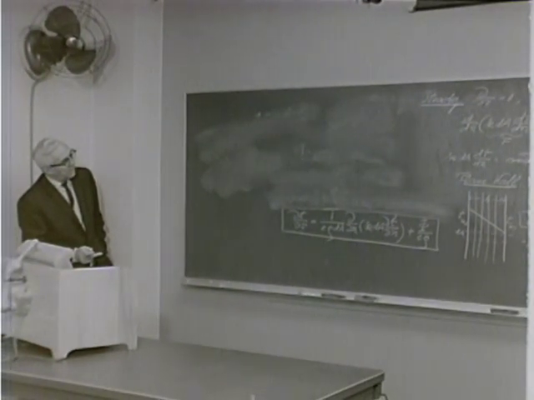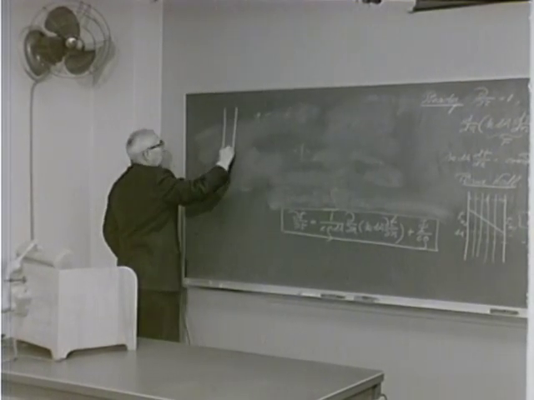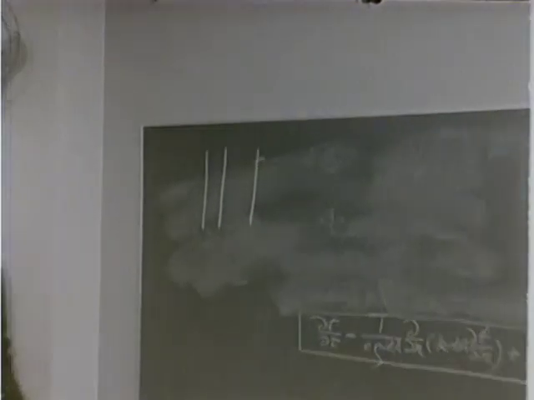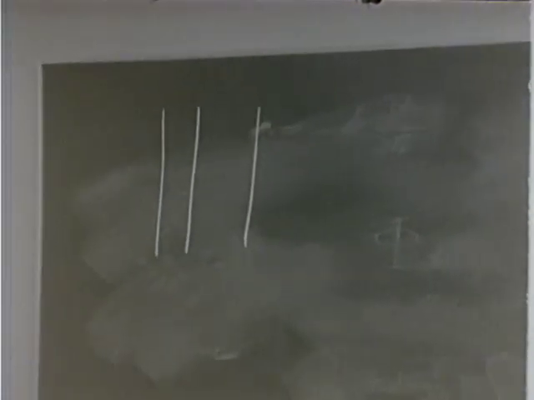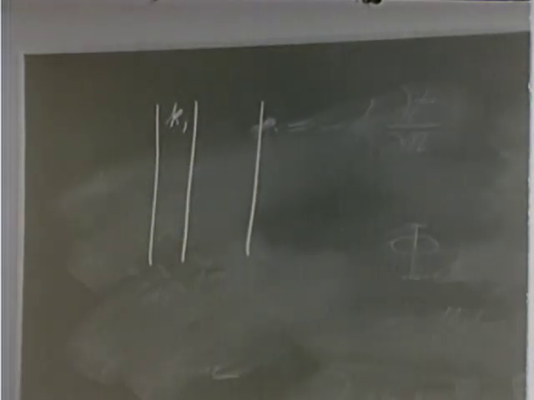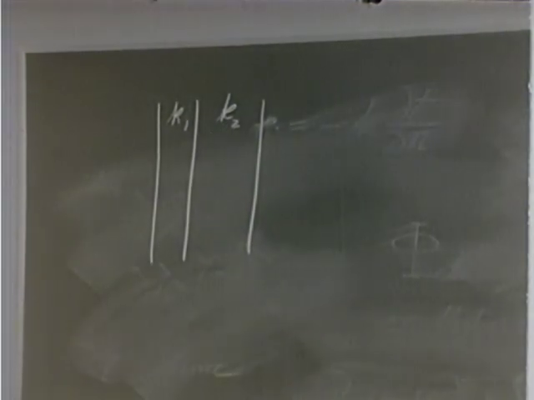One situation which is quite often found is this, that we might have two walls in series of different materials. So we would have one wall with a thermal conductivity K1, another wall with a thermal conductivity K2.